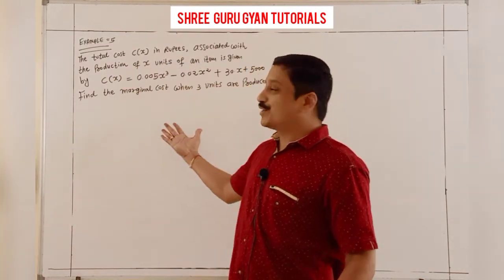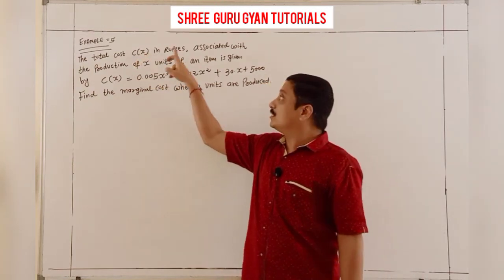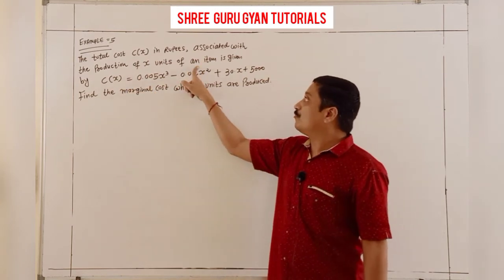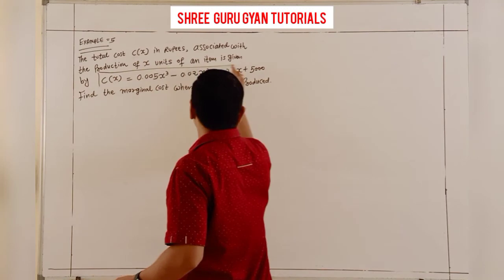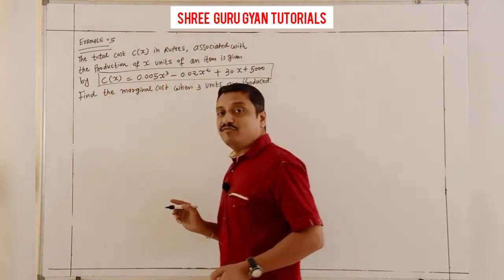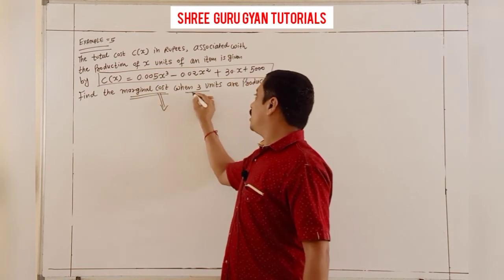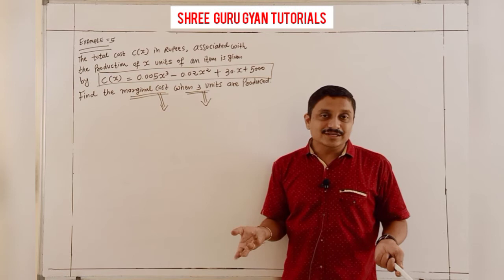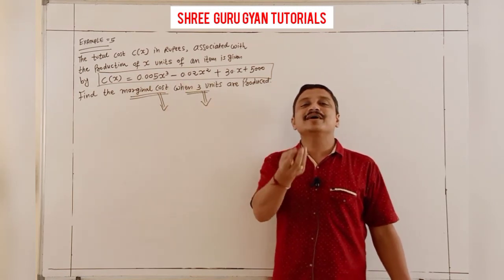Now students, one more repeated question. Example 5. The total cost C(x) in rupees associated with the production of x units of an item is given by C(x) equal to a polynomial equation, and find the marginal cost when x is equal to 3 units are produced. So very easy. For marginal cost, you take out the derivative with respect to x.